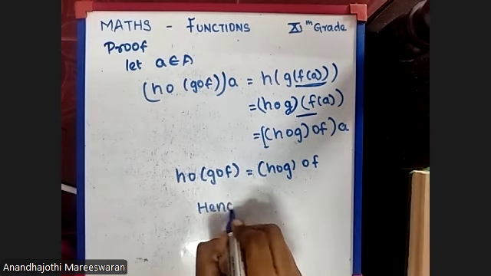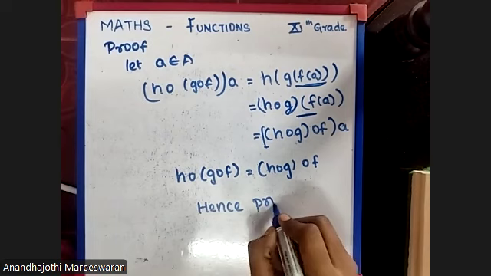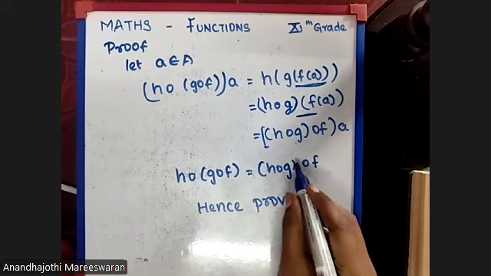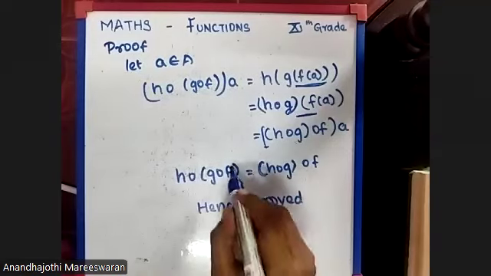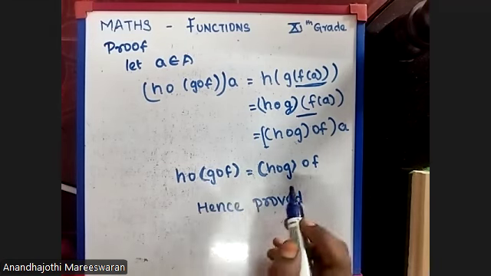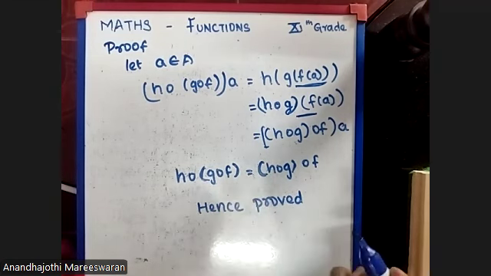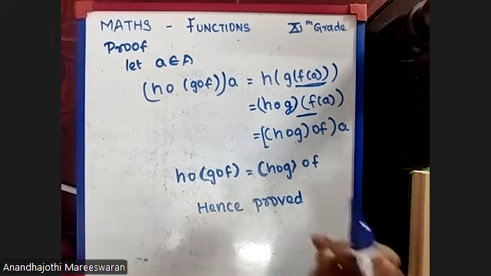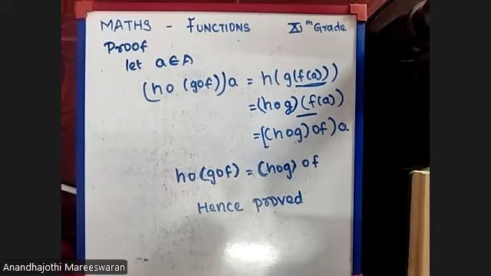Hence proved, right? That's it. Remember that in the sum these brackets are so important. We proved the entire sum to make sure that with this bracket placement the output remains the same. So be careful with the brackets.